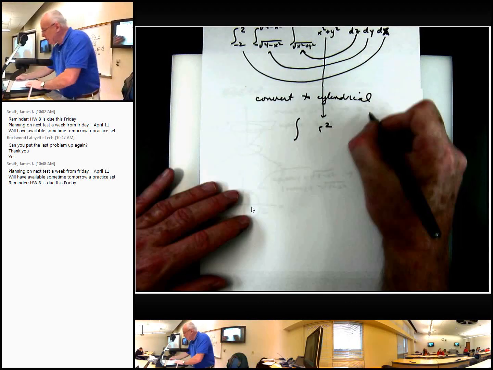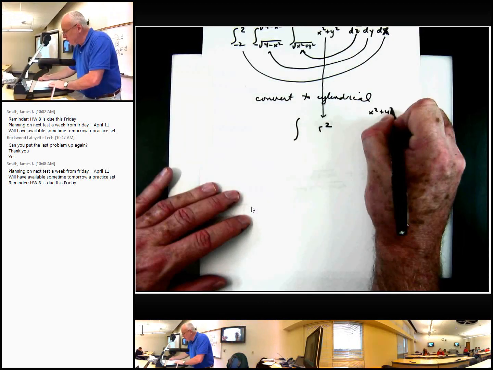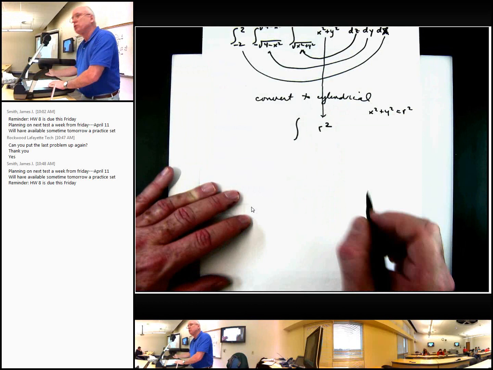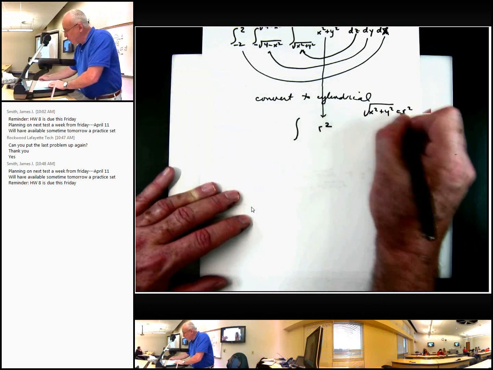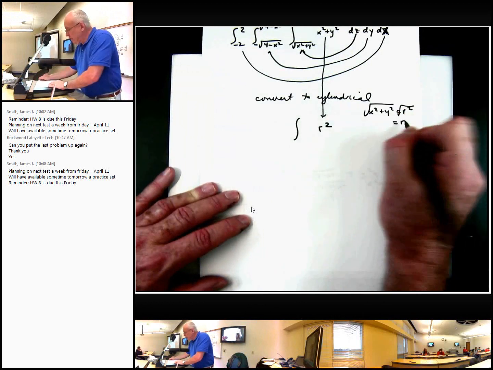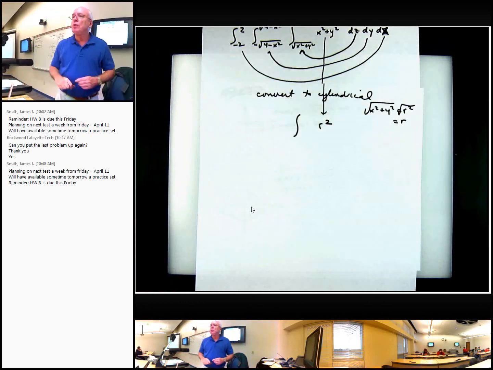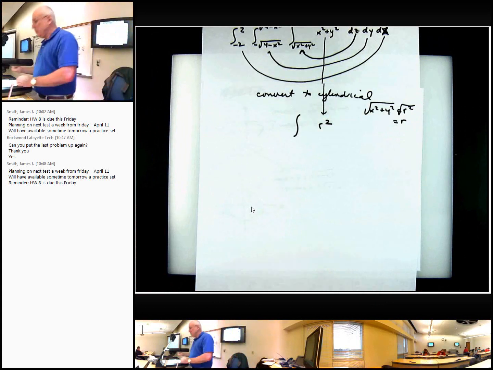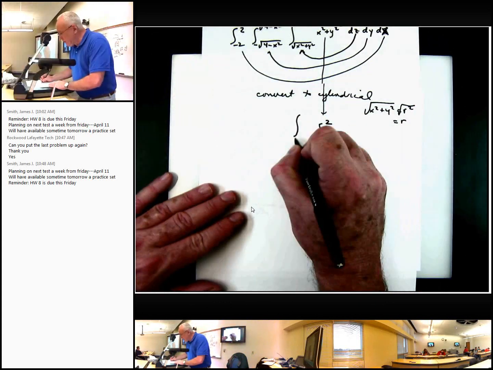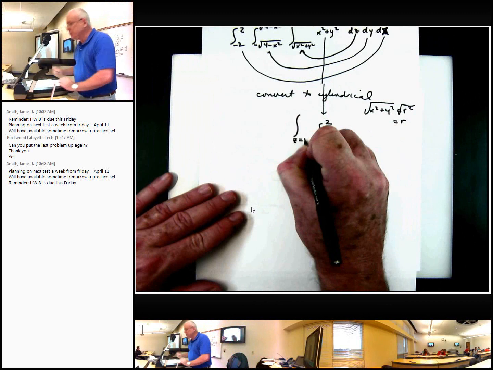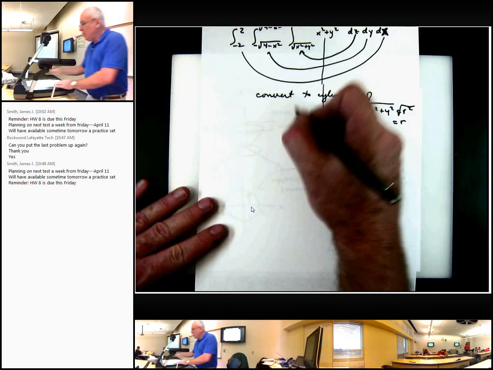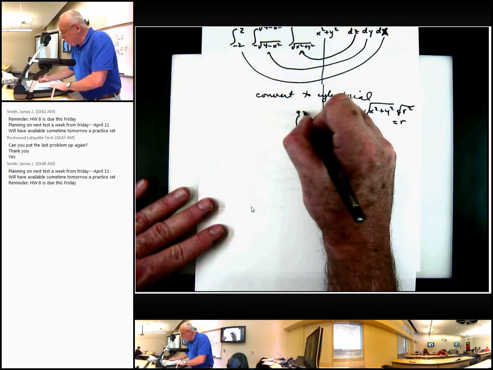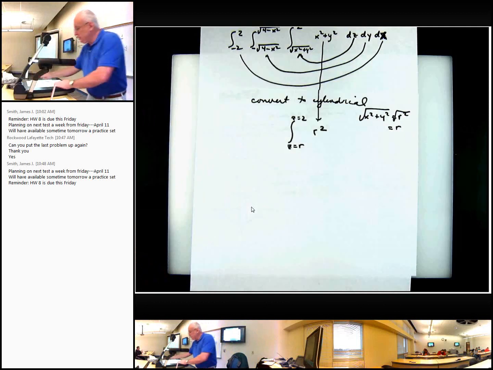Well, in cylindrical coordinates, x squared plus y squared is equal to r squared. So if I take the square root of both sides, the square root of x squared plus y squared just equals r. So that's my lower bound for z. Z equaling r is my lower bound. My upper bound is still the number 2. And this is my dz.